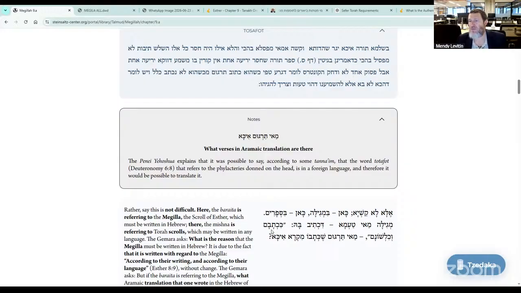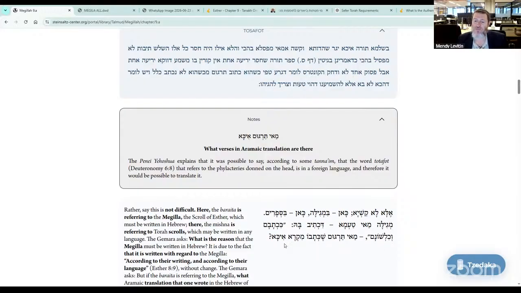There was Hodu, people in India. There was Kush, people in Africa. They didn't all speak Persian. So they wrote it kichsavam u'chilshonam. He wrote it in the writing and the language of each country. When Esther and Mordechai wrote letters that gave permission for the Jews to defend themselves, they also wrote it in their alphabet and their language. So clearly the Megillah is very particular about writing everything properly.